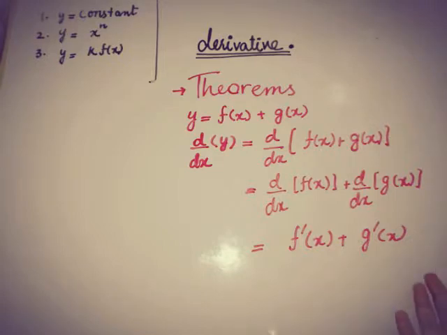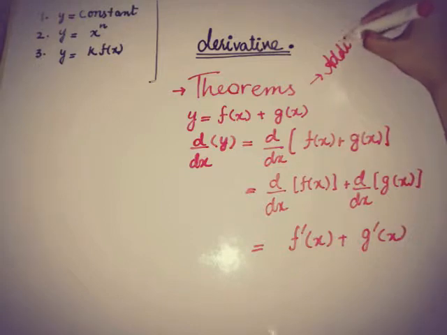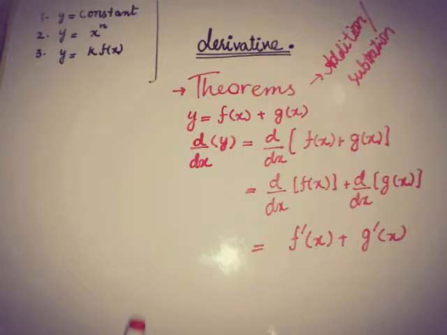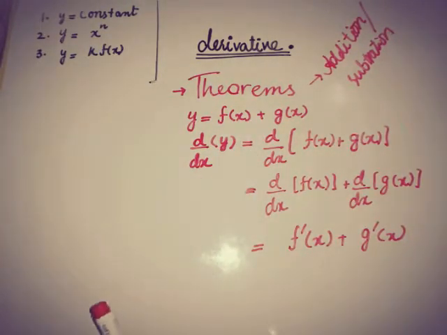So this is the statement of the theorem about addition or subtraction, because they have the same method of finding the derivative. I'm just solving with the addition sign in between the two functions. If there is a subtraction sign in between the two functions, then the method doesn't change, the method will be the same.